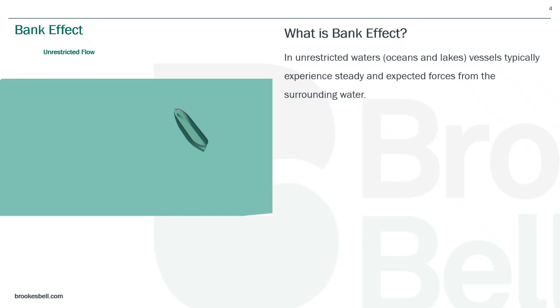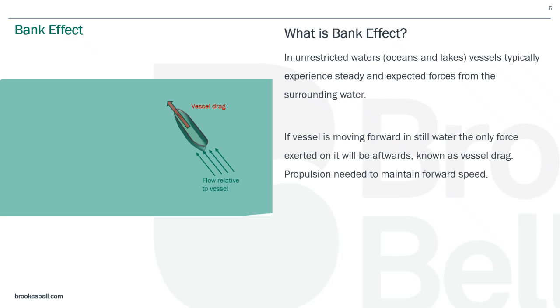So first of all, what is bank effect? For a vessel travelling, thankfully, which they largely do, in unrestricted open water such as oceans, the forces exerted on that vessel are largely very steady and very predictable.